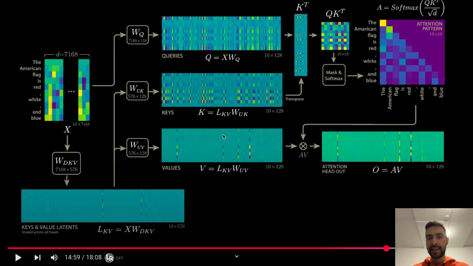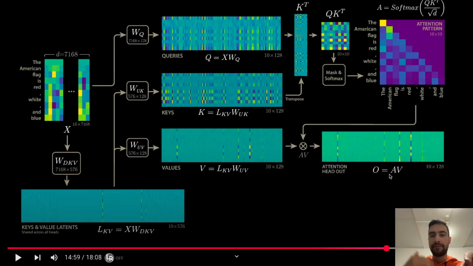And then finally, at last, you take each of these value vectors that now contain context around them as well. They are 128 numbers long, but when you concatenate all of the heads back, whatever the number of heads, now you will get a long vector. But this long vector will still be shorter than the original 7,000 dimension vector.